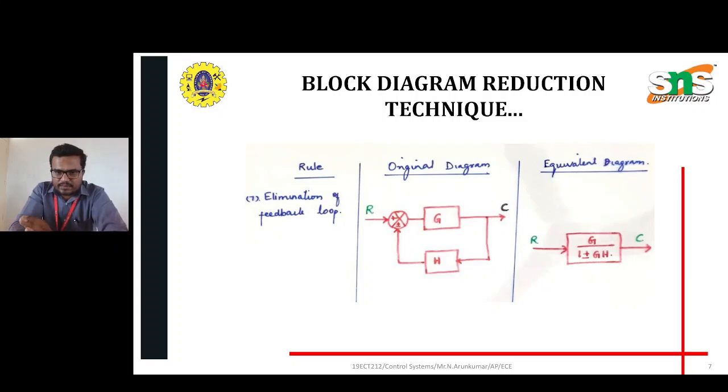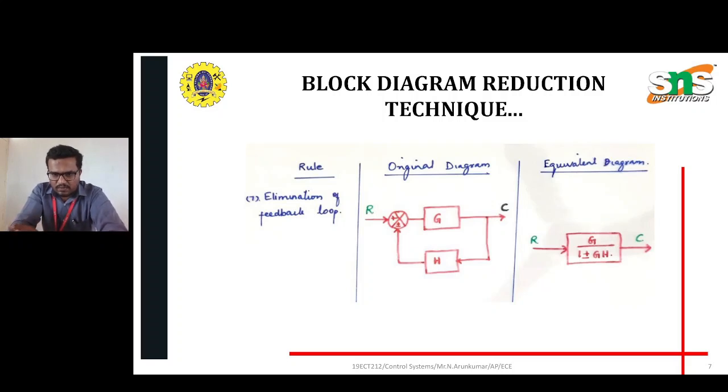It can be eliminated by G and H. H can be connected by the summing point as well as the branch point. It can be followed by G by 1 plus or minus G into H.